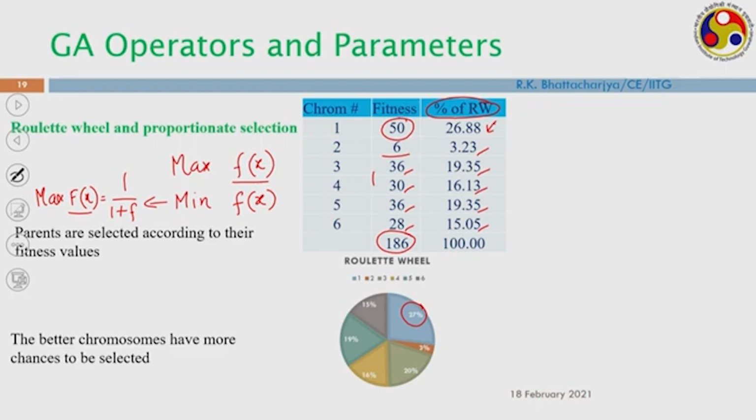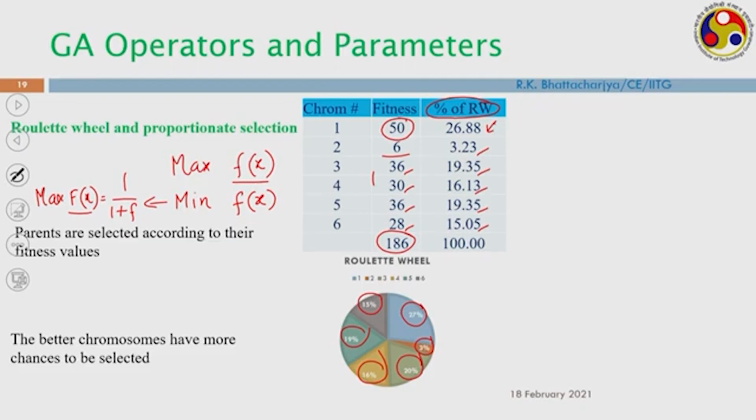Similarly, the second solution is 3% or 3.23, then the third one is 20%, then 16%, 19% and 15%. So they are occupying an area in proportion to their fitness value. Okay, so the first solution occupies 27, and the others occupy different areas in the roulette wheel.